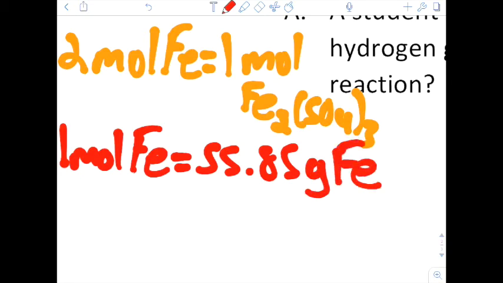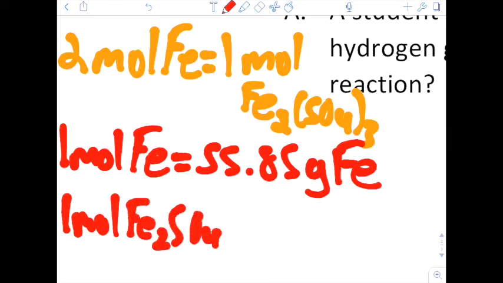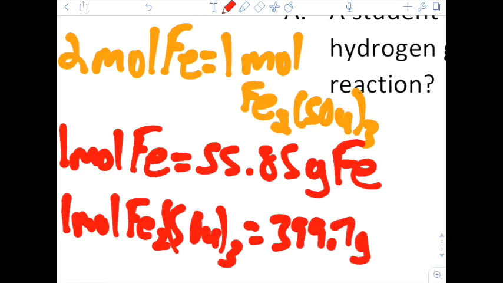And then 1 mole of our Fe2(SO4)3 is, and it has a very large molar mass, so 399.7 grams of our iron 3 sulfate.